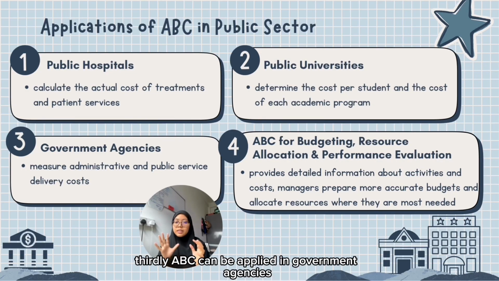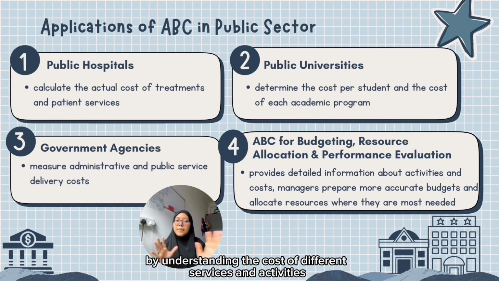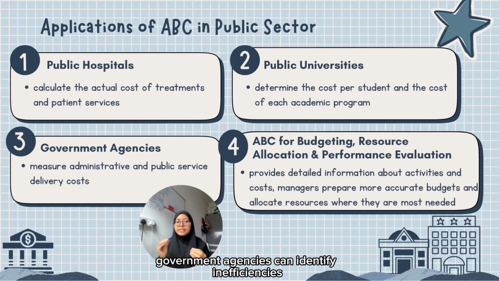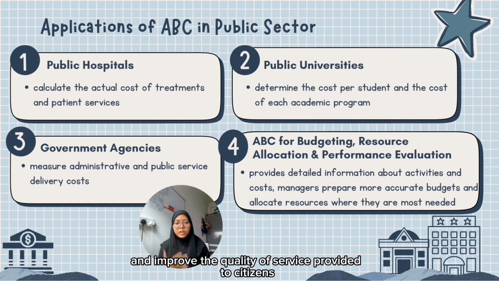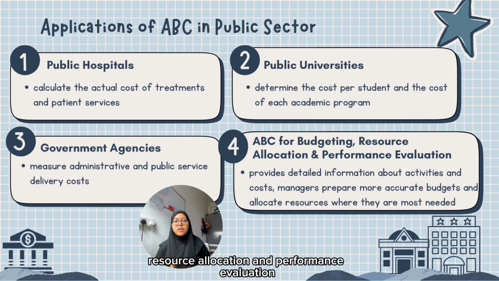Thirdly, ABC can be applied in government agencies. It measures administrative and public service delivery costs. By understanding the cost of different services and activities, government agencies can identify inefficiencies and improve the quality of service provided to citizens. Lastly, budgeting, resource allocation, and performance evaluation.